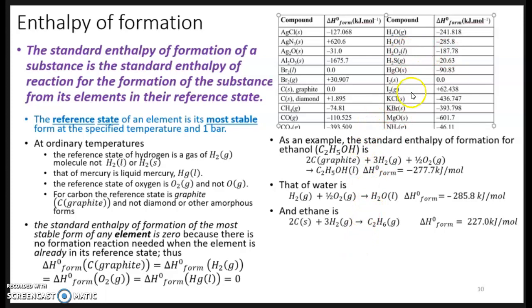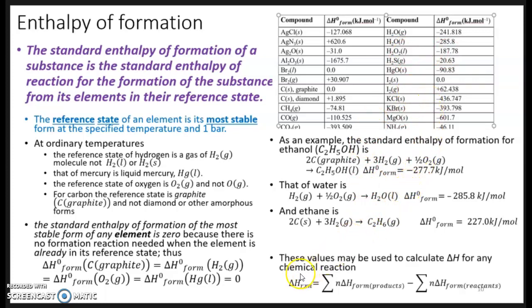Anyway, the important thing is that the enthalpy of a reaction can be calculated from the enthalpy of formation of the species involved in that reaction, and it will simply be the enthalpy of formation of products minus the enthalpy of formation of reactants.